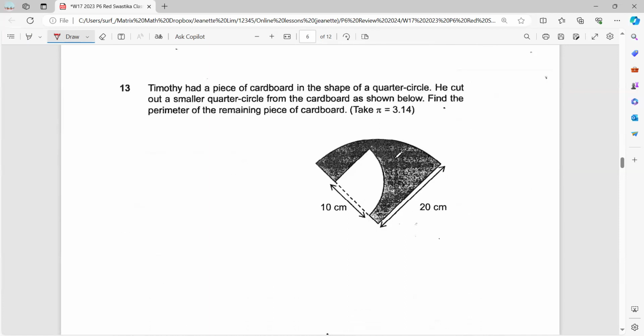Question 13. Timothy had a piece of cardboard in the shape of a quarter circle. He cut out a smaller quarter circle from the cardboard as shown below. Find the perimeter of the remaining piece of cardboard. Now, the remaining piece of cardboard is made up of an arc from the quarter circle.